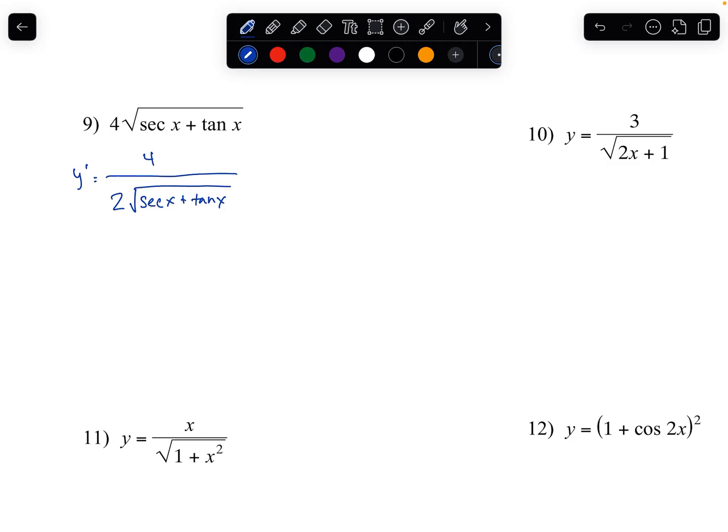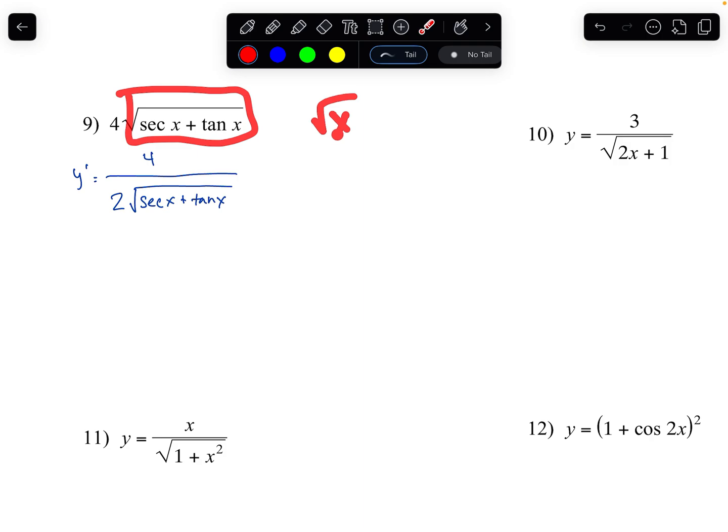So this is just the 4, because it's just a constant multiple, so that's just going to stick around. The derivative of this is just like taking the derivative of the square root of x. It's going to be 1 over 2 square root of x, except instead of x we have this inside function, and this is where the chain rule is going to come into play.